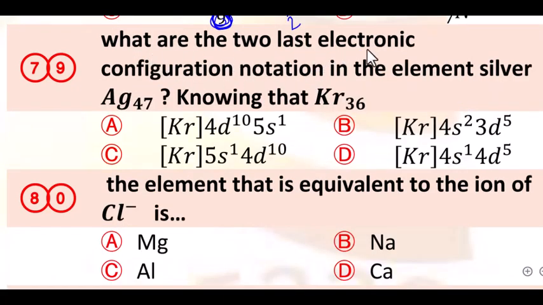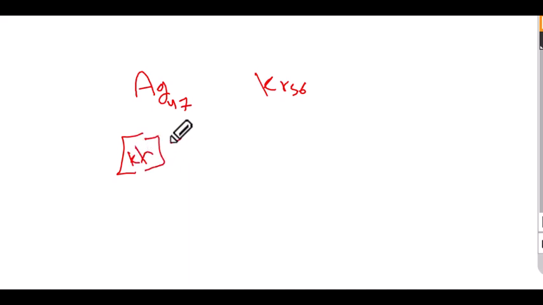What are the last two electronic configuration notations in the element silver, Ag 47, knowing that krypton is 36? Using noble gas notation, krypton is 36. After krypton we start 5s.